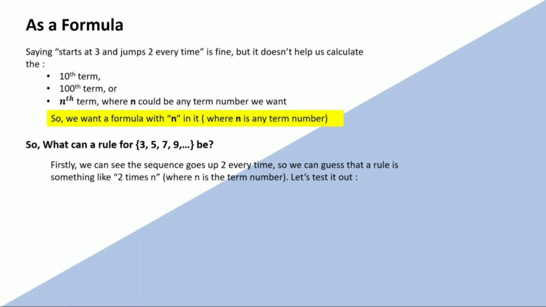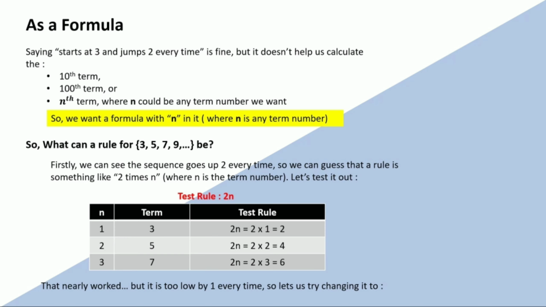So, what can a rule for 3, 5, 7, 9, ... be? Firstly, we can see the sequence goes up 2 every time. So we can guess that a rule is something like 2 times n, where n is the term number. Let's test it out. You can pay attention to the table.